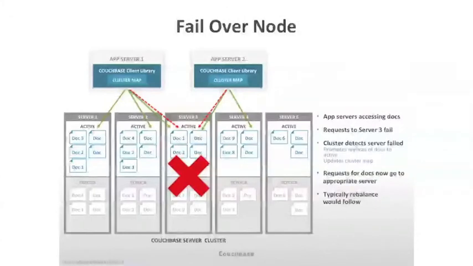We can talk about that later. But once the failure is detected, a failover takes place, whether you triggered it or whether it was triggered automatically, and that activates the replica documents elsewhere in the cluster. They've already been replicated there. All this is doing is turning them on, telling the application that there's a new location for those shards, for those documents, and everything continues.